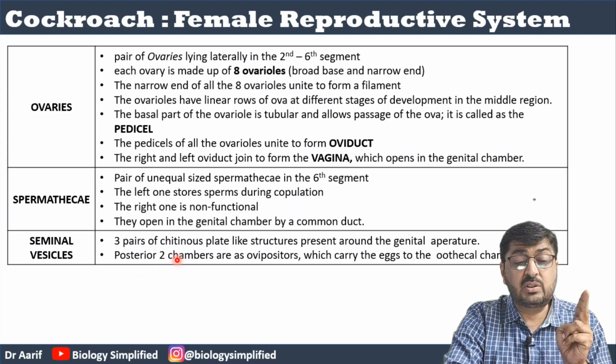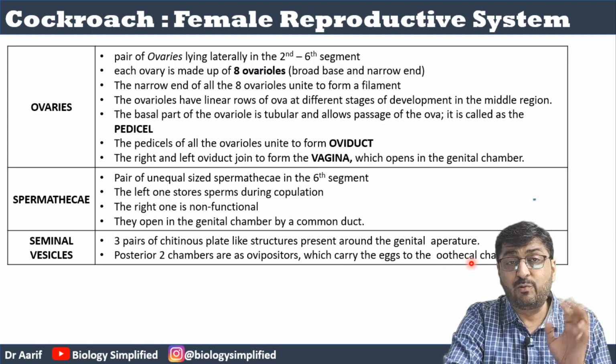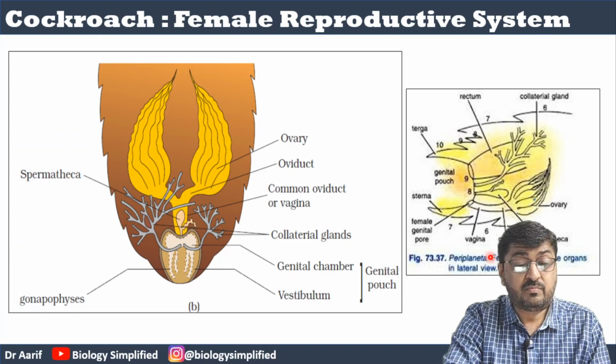The posterior 2 chambers are ovipositors, which carry the eggs to the oothecal chamber, where fusion is going to occur.